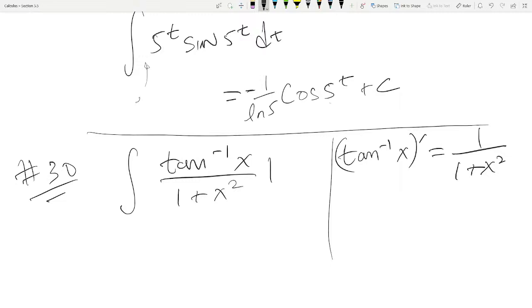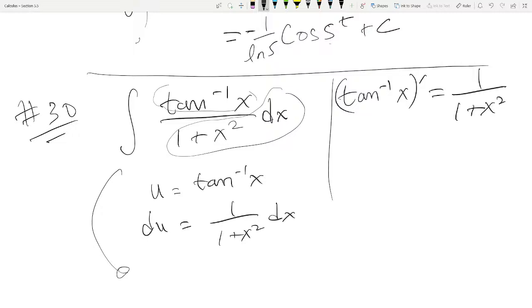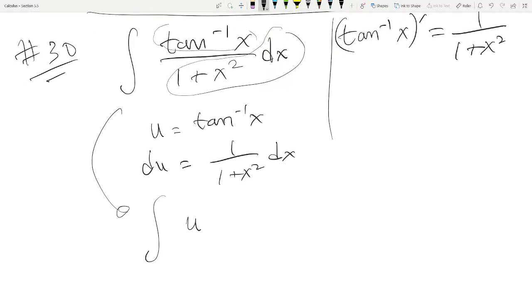So here we have an inverse tangent, and we've also got its derivative sitting there. So how about we pick u to be inverse tangent? Then du will be 1 over 1 plus x squared dx. Well, that's exactly what I have sitting there. So that integral converts into u, and then the 1 over 1 plus x squared times dx, that's equal to du.